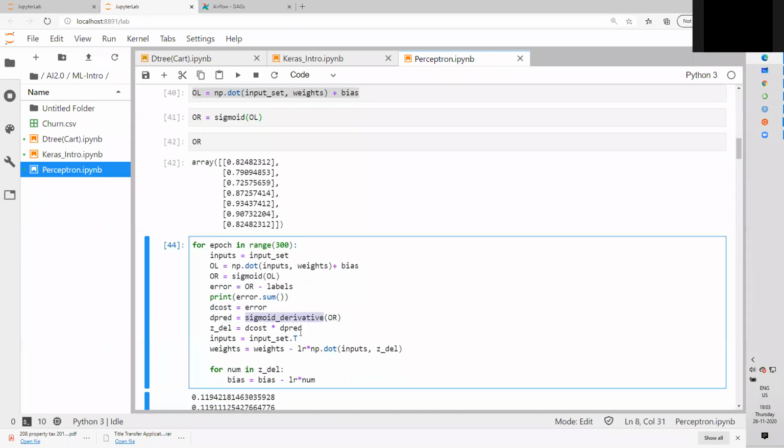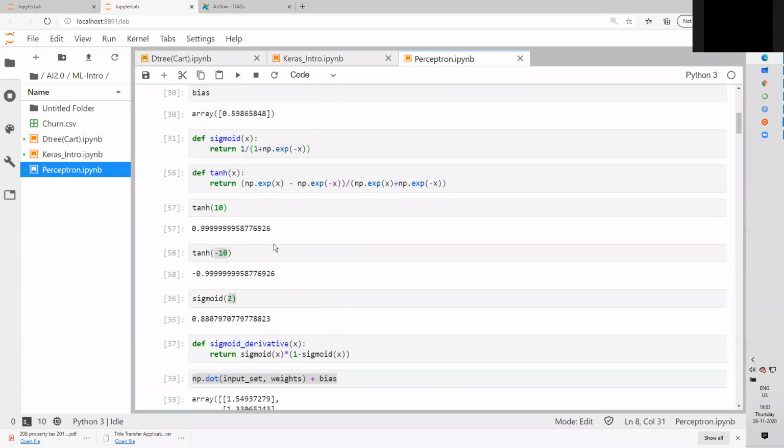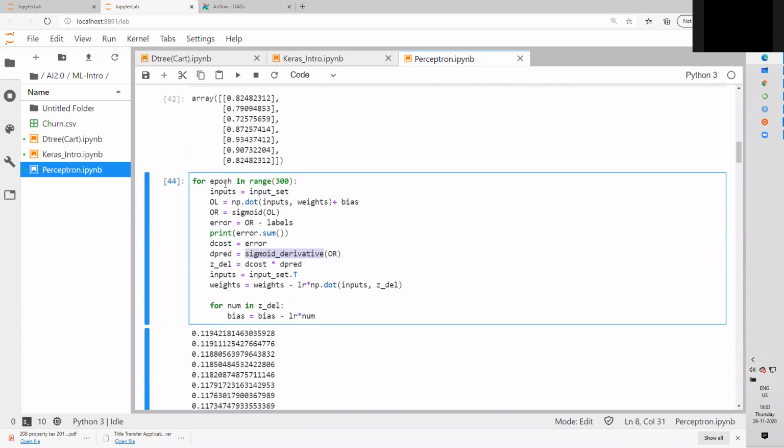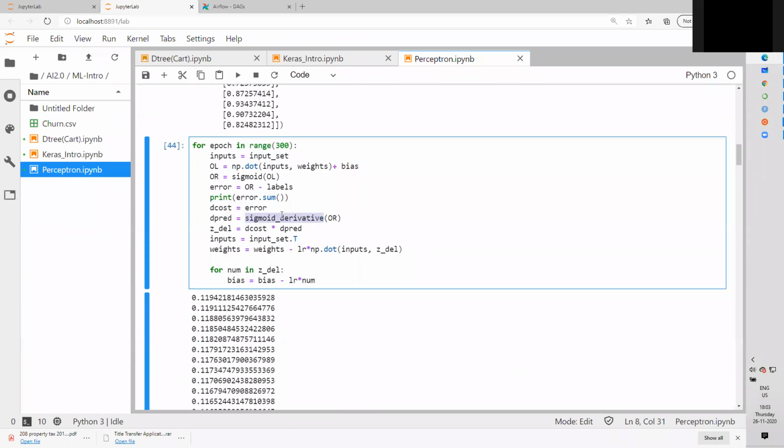This derivative is the derivative of sigmoid. This is not good for tan h. Now we need to find the derivative of tan h. It would be difficult for me to derive it, because even I don't remember all the rules of derivatives now. So we need to find the derivative of tan h and replace this function with it.